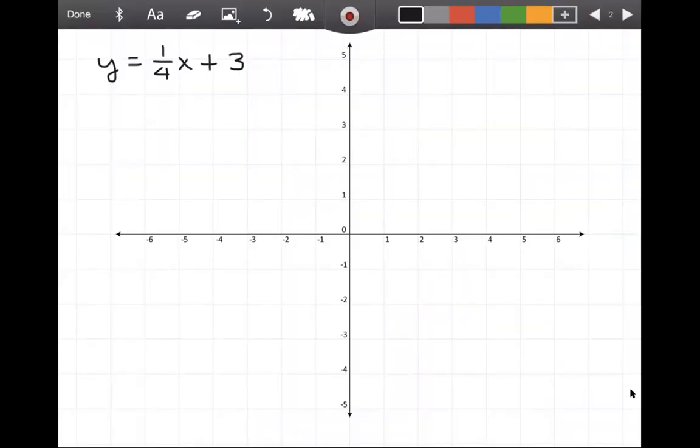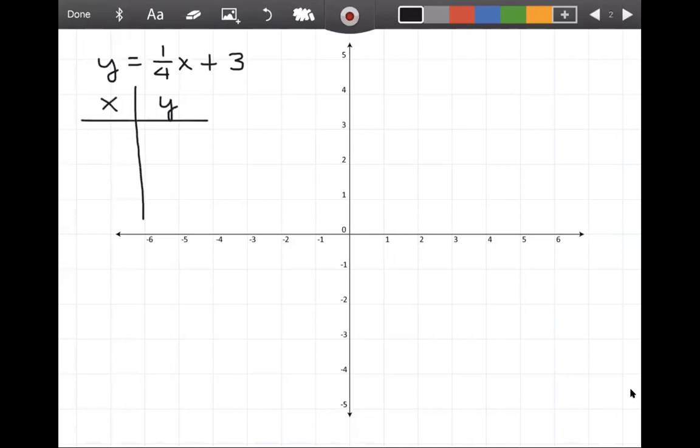Okay, for the first example, which is y equals 1/4 x plus 3. So again, they didn't give me the table. I have to make the table myself. All right, so I have a suggestion, which is to make a table that's similar to the one we used in the last example.